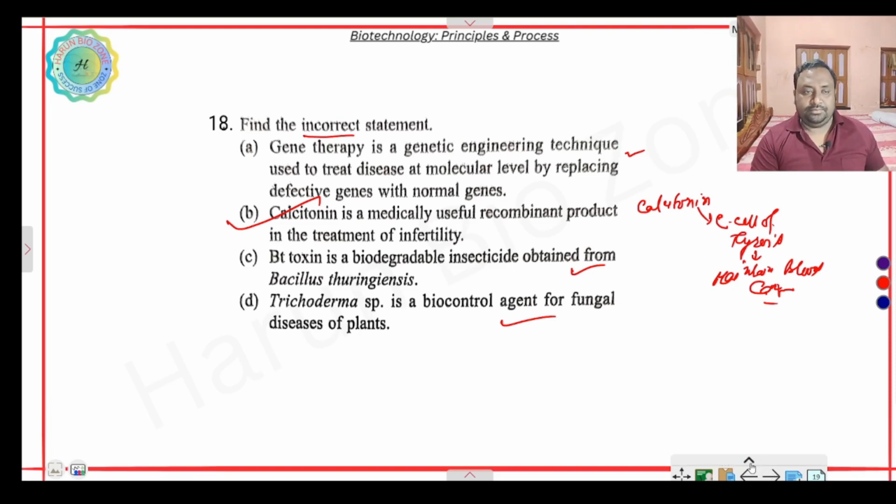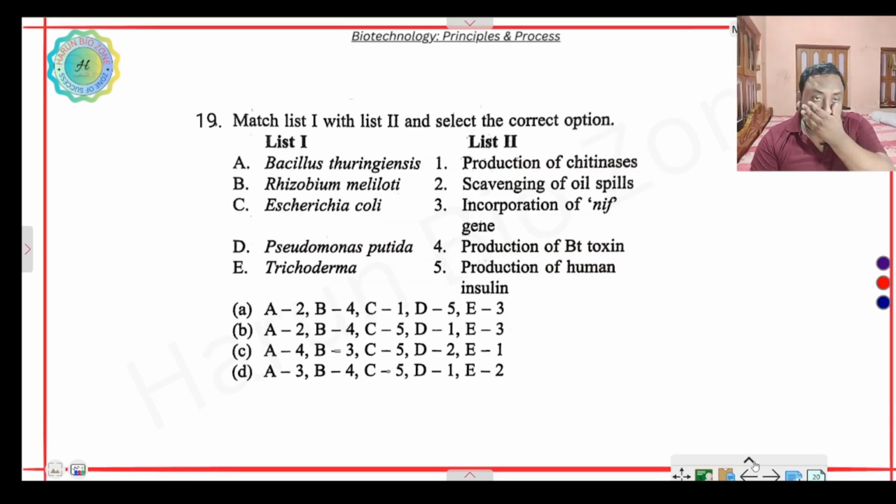Next question. Match list 1 with list 2 and select the correct option. First, Bacillus thuringiensis. The Bacillus thuringiensis bacteria produce an insecticidal gene, that is Bt toxin. Rhizobium meliloti, incorporation of nif gene. Nif genes mean nitrogen fixation genes.